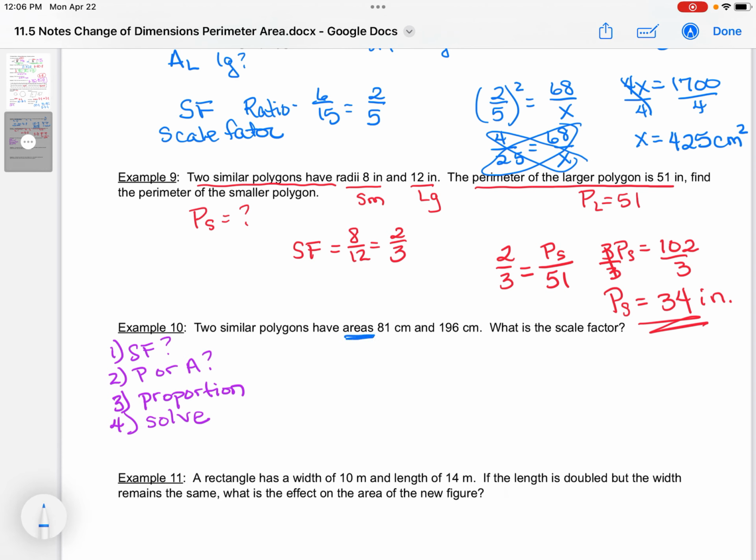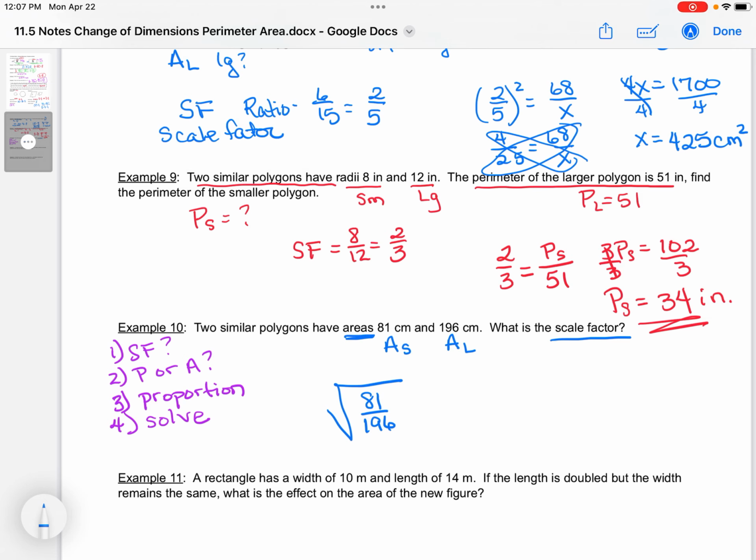All right, now these are areas. So this is the area of the small, area of the large. And we're looking for the scale factor. So we're going to have to work backwards for this one. So we're going to do 81 over 196. And at some point, to get the scale factor, I'm going to have to square root.